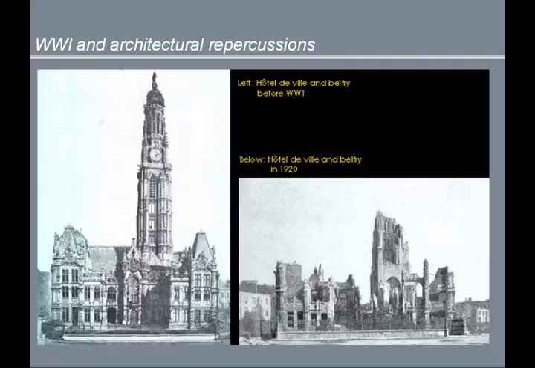There are, however, technologies, methodologies, and theoretical concerns in the development of modern architecture after 1918 that can be traced back to the war experience. It's difficult to make a direct response to these kinds of questions, and it's certainly layered. But let's look at some of the repercussions now.